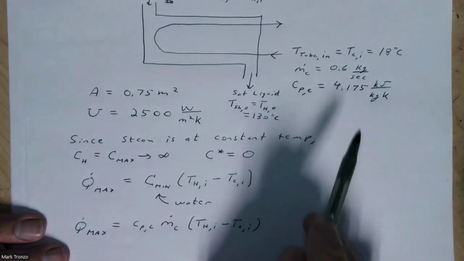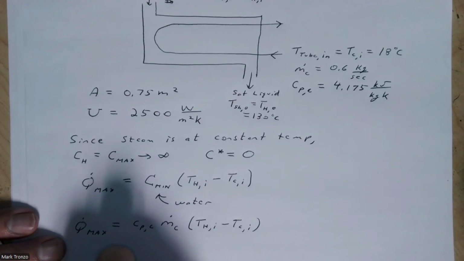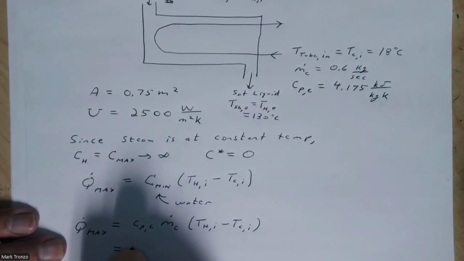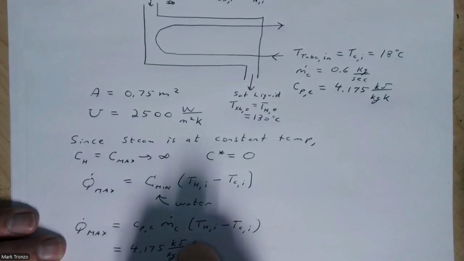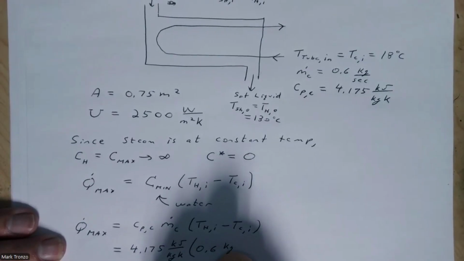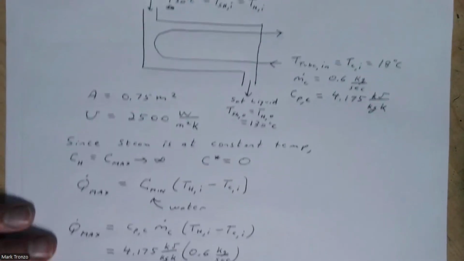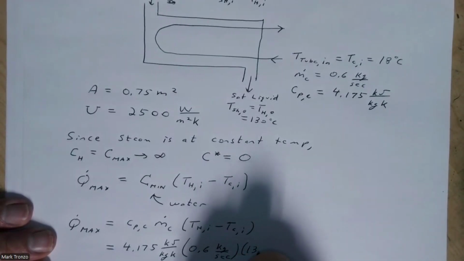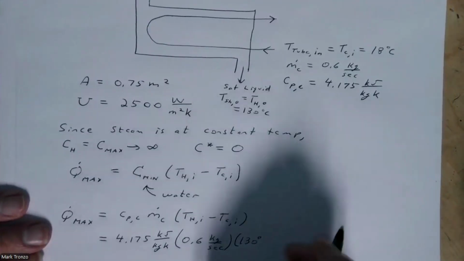And in our case, according to our problem, the mass flow rate of the cold is 0.6 kilograms per second, and the specific heat at constant pressure is 4.175 kilojoules per kilogram K. Again, T hot in was 130, and T cold in was 18.